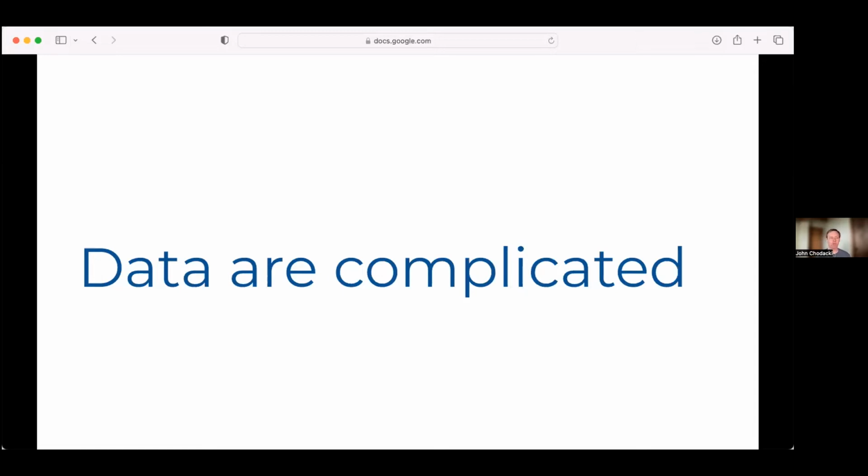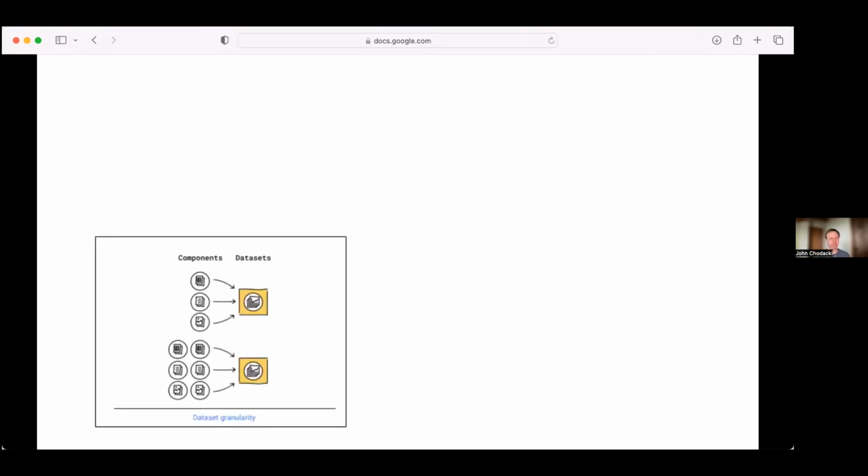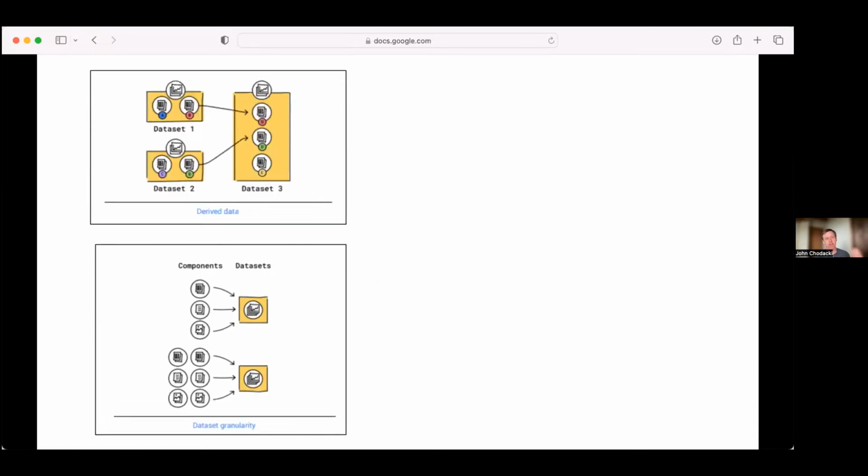And what I wanted to work through with you is, what were the reasons why data metrics are so hard to tackle? And the first is, data sets themselves can be made up of multiple components, so various sources. They can also be built from other published data sets.